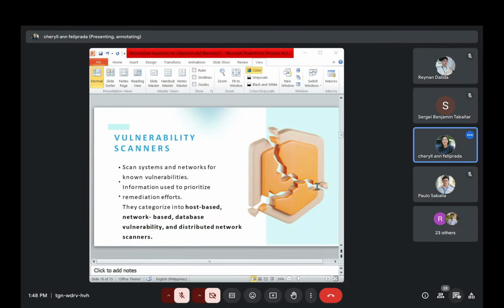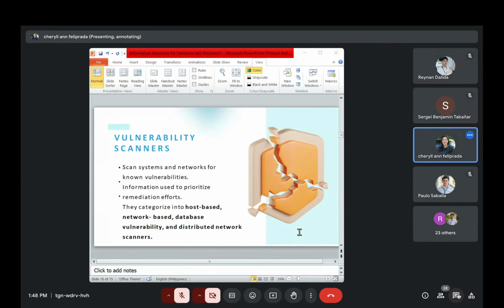Host-based scanners retrieve detailed information from operating systems and other managed services and applications. Network-based scanners, of course, scrutinize the network, looking for vulnerabilities. Those advanced network scanners also include databases, determining information on unknown vulnerabilities.